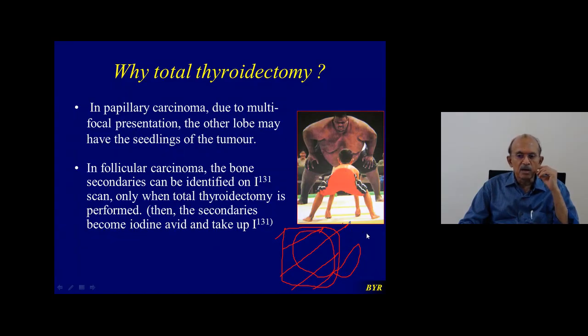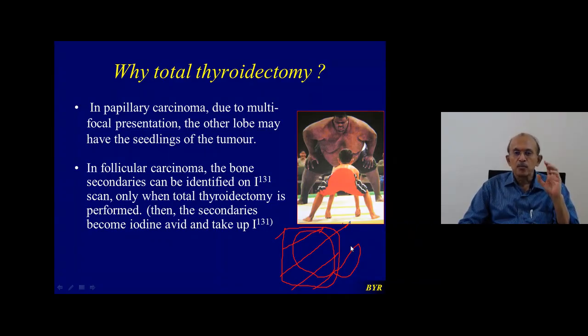That's why it absorbs all the iodine. So what you do is you remove this also. Then what will happen? The secondaries now have no competition. When you administer radioactive iodine scanning, the secondaries will take it up and you will be able to identify these secondaries also.